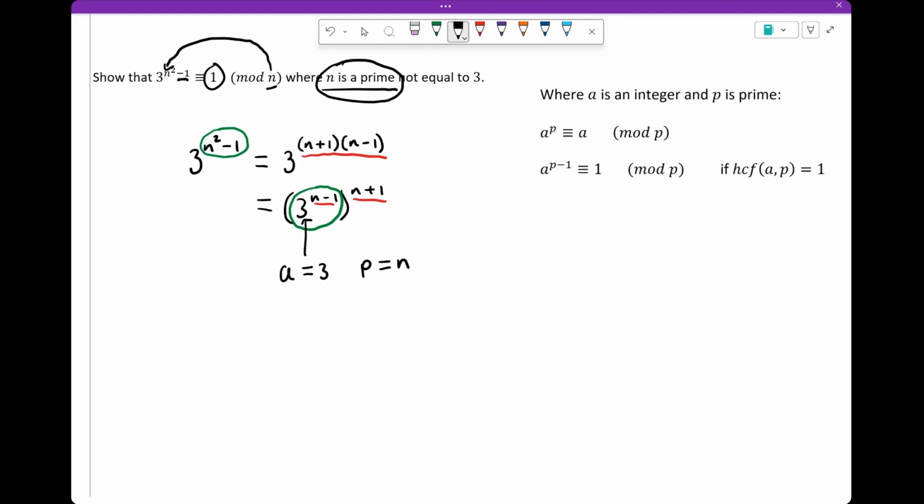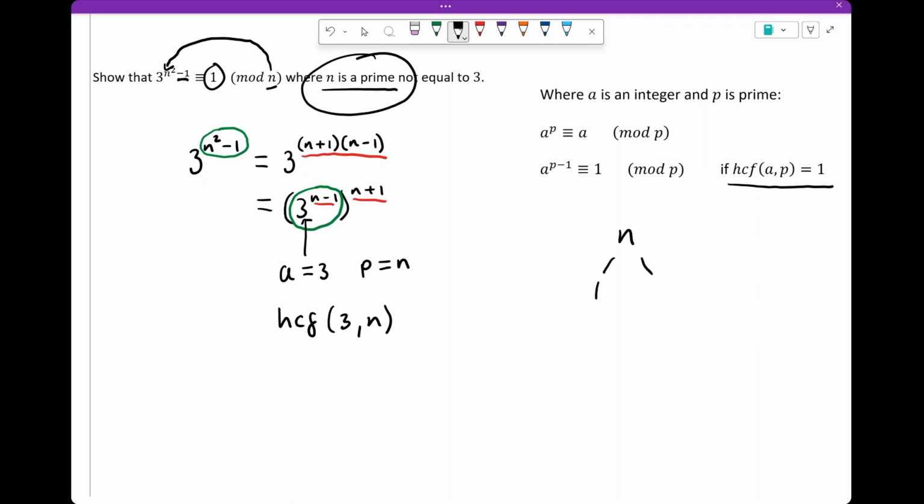Now what I have to consider is which of our versions of Fermat's little theorem am I going to use, and to do that I have to consider the highest common factor of a and p, so the highest common factor of 3 and n. So given that n is prime, that means the only factors of n are either 1 or n itself, so the only possible highest common factors of 3 and n would be either 1 or n.